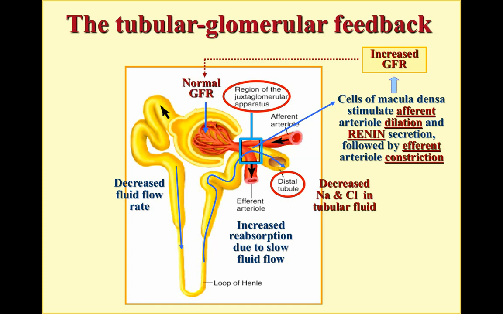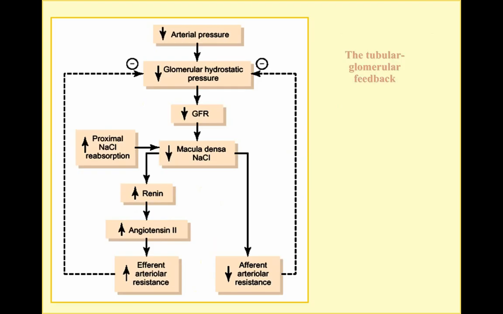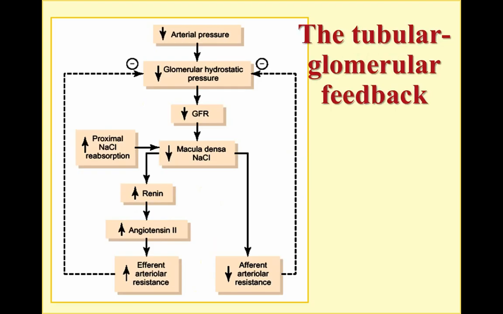So that is tubular glomerular feedback. Now let's observe it one more time on the scheme. First, the arterial pressure should be decreased, and actually greatly decreased, so that even the kidney cannot maintain glomerular filtration rate automatically by autoregulation. And glomerular hydrostatic pressure decreases, so glomerular filtration rate is also decreased.